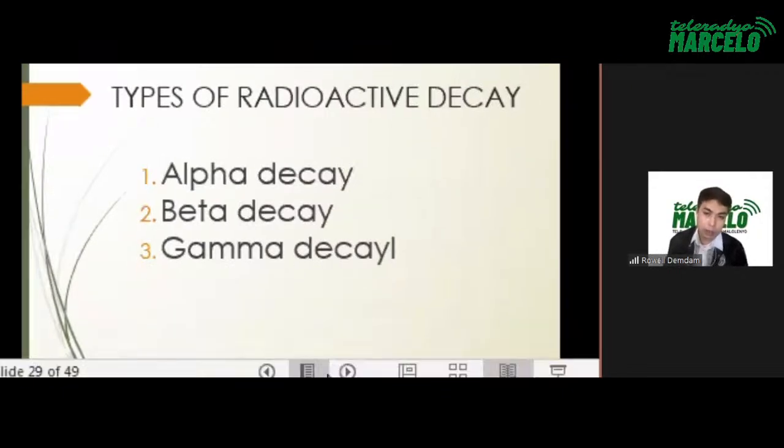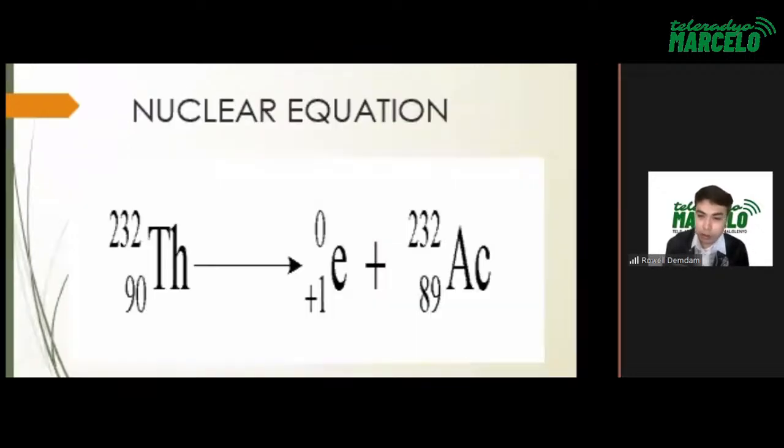Okay, so atoms may undergo any of these three radioactive decay processes. As you can see on your screen, it is the alpha decay, the beta decay, and then the gamma decay. Transmutation of these elements is best expressed with the use of a nuclear equation.